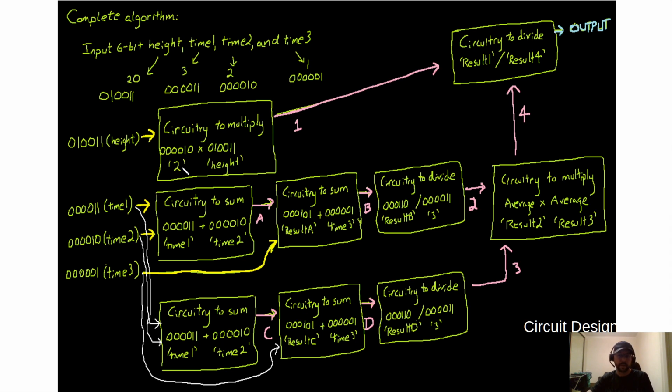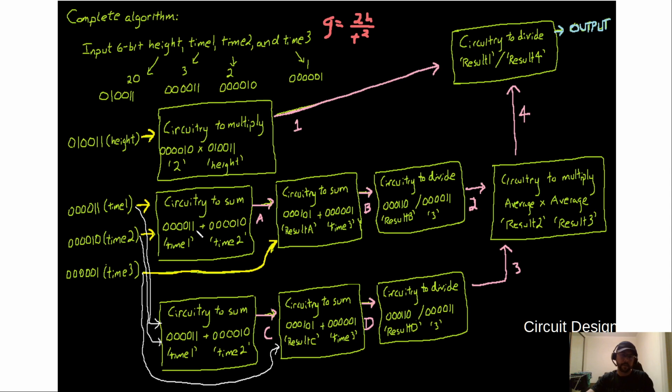Going back to our physics equation, that represents 2. So our physics equation was the magnitude of the absolute value of g equals 2 times h over the average value for time squared. So this represents 2 times h. And we're going to take that and send that straight to this other circuit, but we're not worried about that circuit yet. Let's move down here to the bottom.